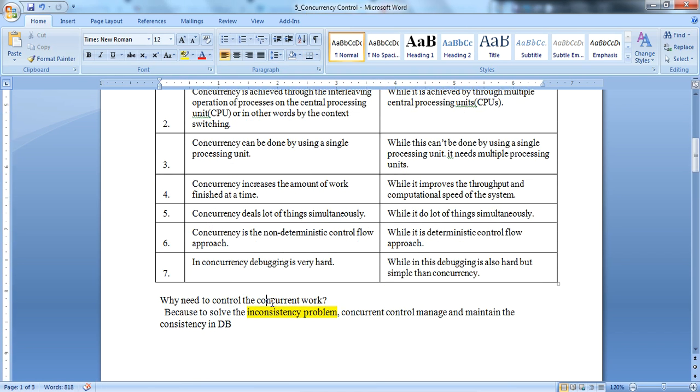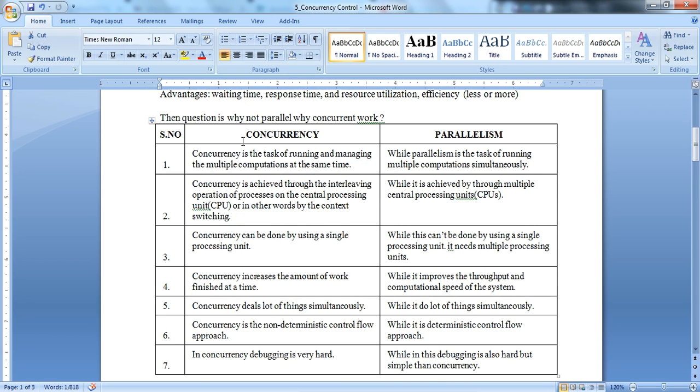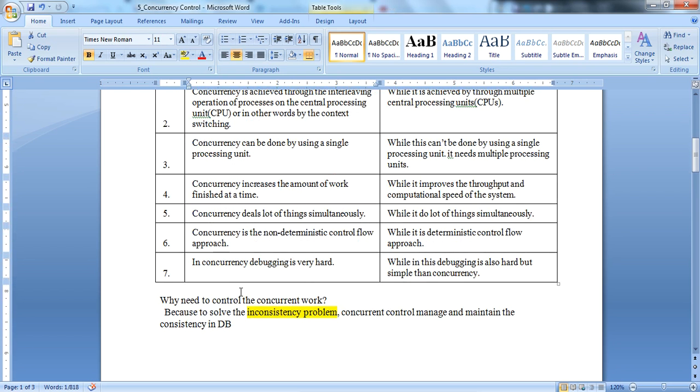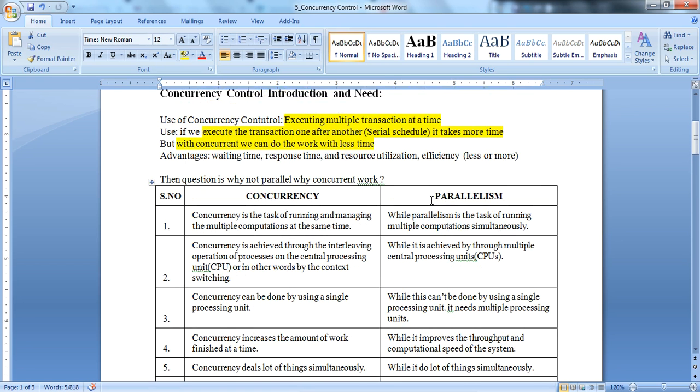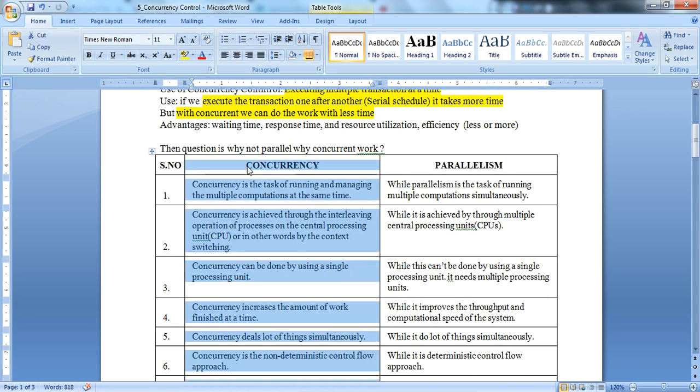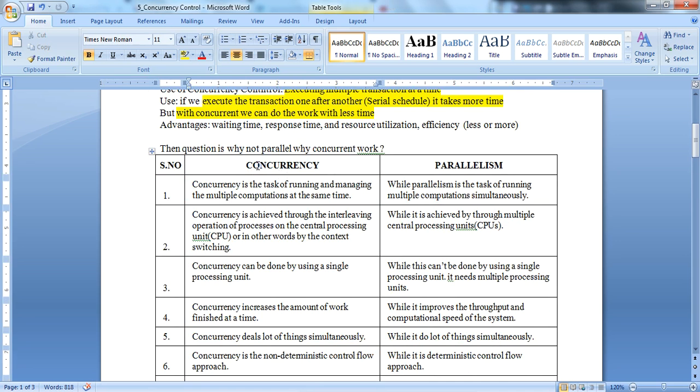Now why do we need to control concurrency? When we use the concurrency concept or a concurrent schedule, we need one more management system, the concurrency control system. Why? To solve the inconsistency problem, concurrency control manages and maintains the consistency of a database. Compared to parallelism, concurrency has inconsistency problems, so we need to manage them, and then we can use concurrent schedules.